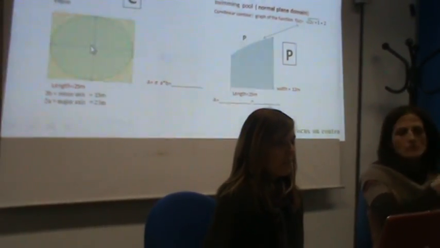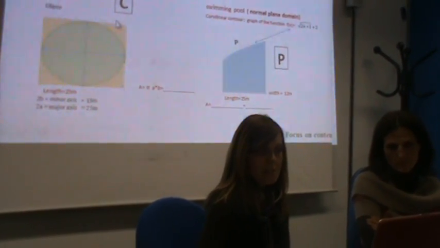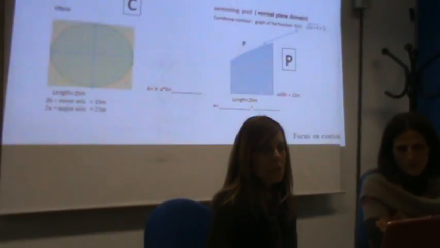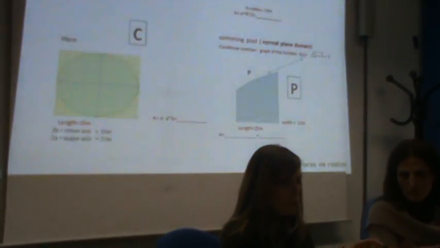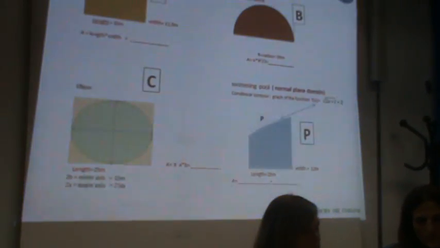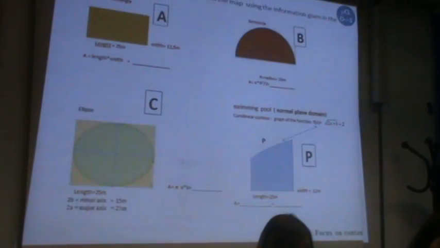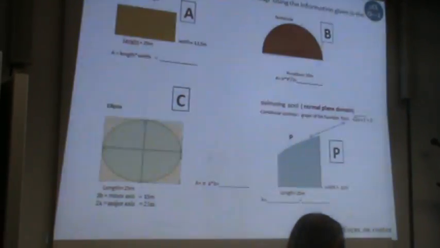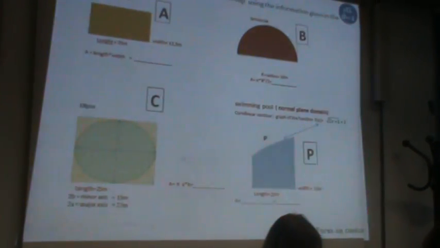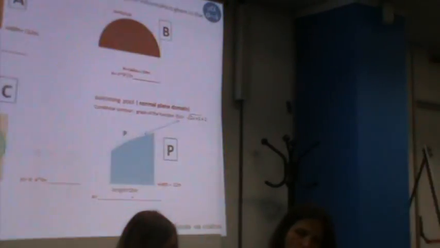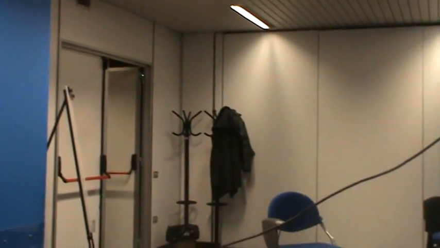Then we give them this sheet in which they try to compute the colored areas in the map using the information given in it. We give them language, we give them the formulas, so that they can calculate the value of the area in 5 minutes. But when they arrive at the last one, they have the length, the width, and also the expression of a real function that represents the curved line.